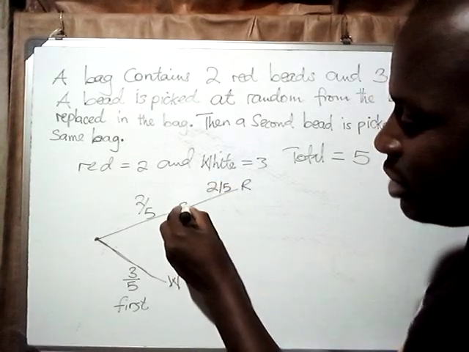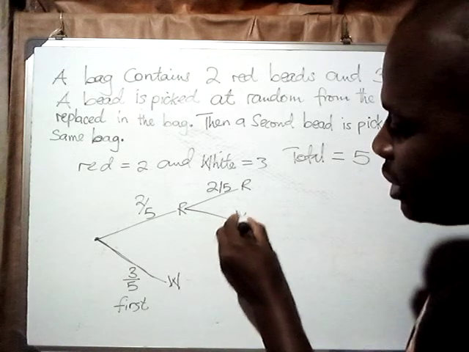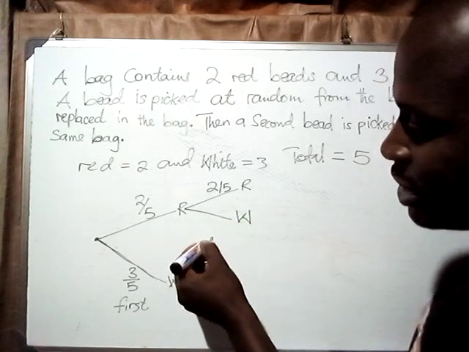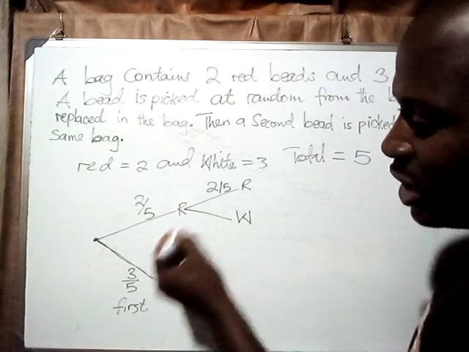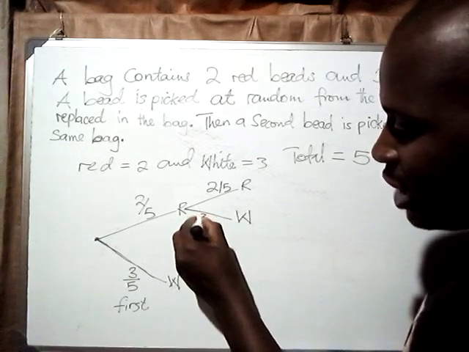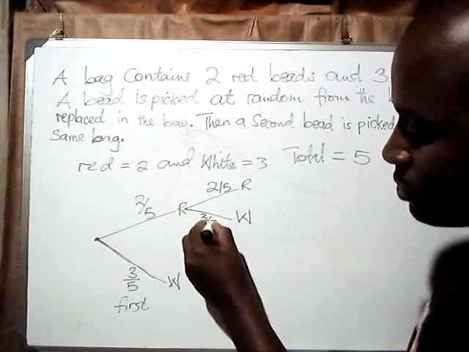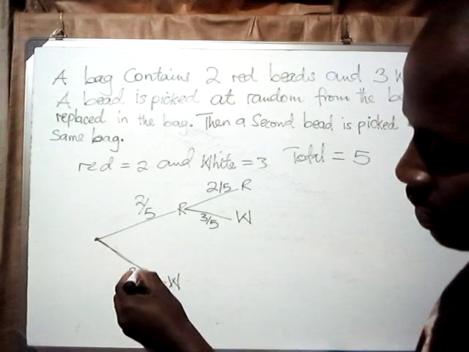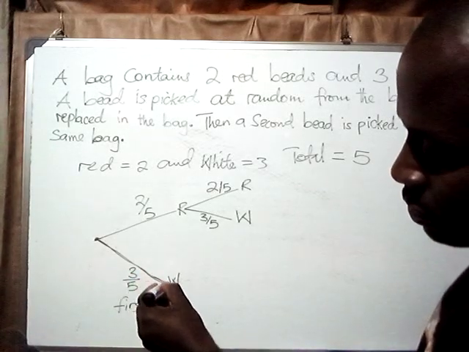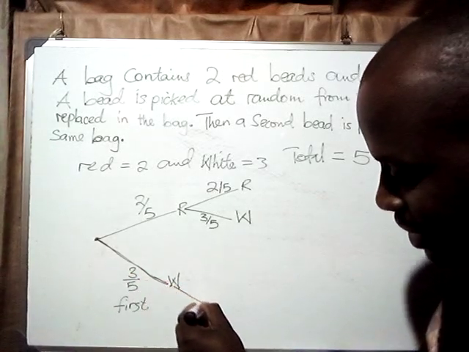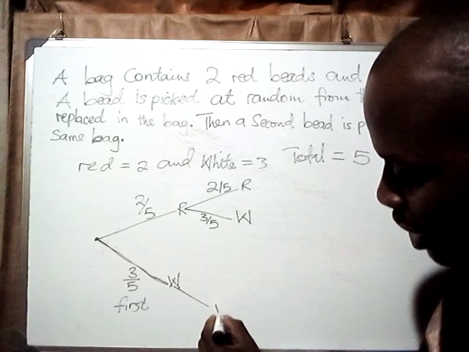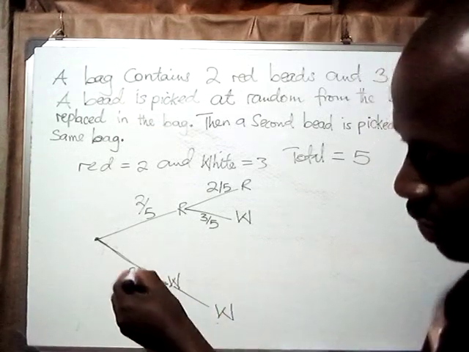Then the same applies for white. Since it was still intact, it will remain as 3/5. Then this other one, the straight one, will still mean white, because we are dealing with white.